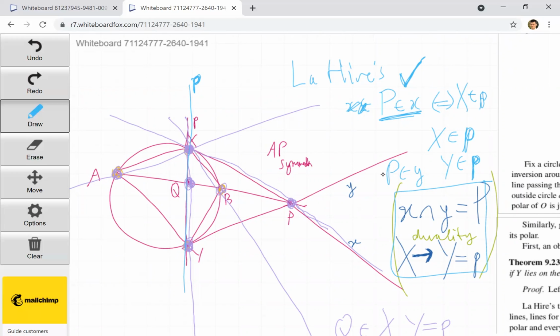And so then it has to be the line that goes through X and Y because it's a harmonic quad, yeah? And then you just showed using La Hire's theorem that the line going through X and Y is the polar of P.